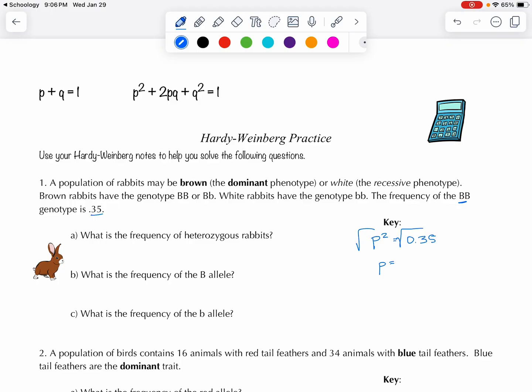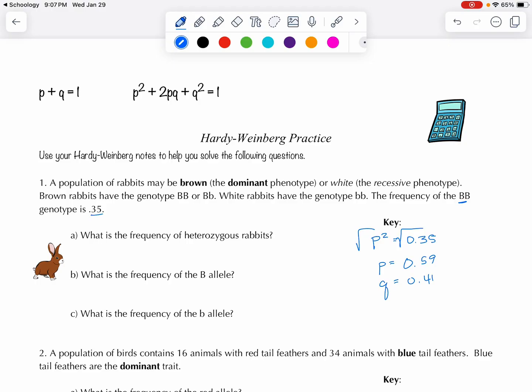I got 0.59. Sorry, I had to get my calculator set up. So now that I know p, I can get q. q is going to be equal to 0.41, because remember that p plus q equals 1, that'll always be the case. So there's our p and q. Now we can read the rest of our questions.